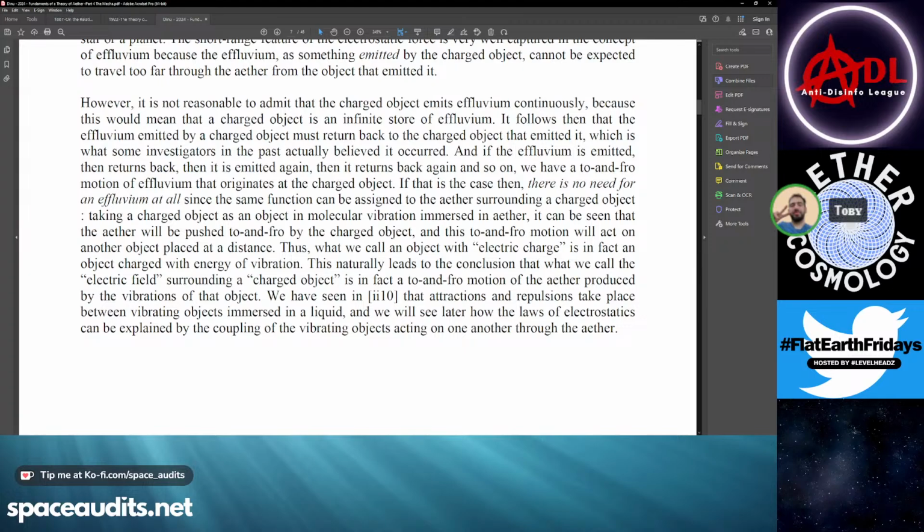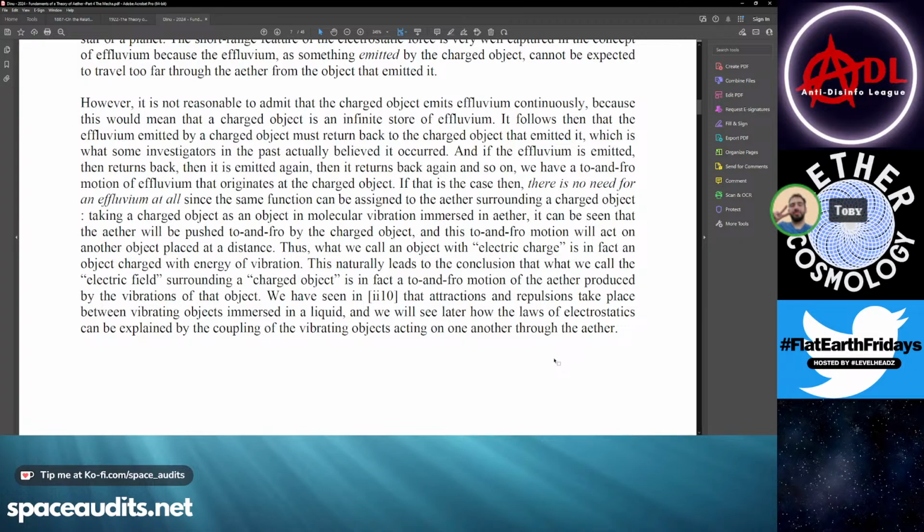If that is the case, then there is no need for an effluvium at all, since the same function can be assigned to the ether surrounding a charged object. Taking a charged object as an object in molecular vibration immersed in ether, it can be seen that the ether will be pushed to and fro by the charged object, and this to and fro motion will act on another object placed at a distance. Thus, what we call an object with electric charge is in fact an object charged with energy of vibration.